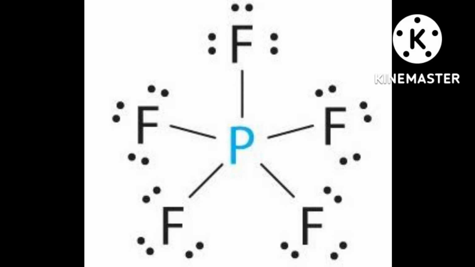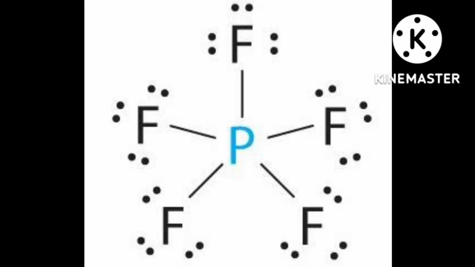Elements in and beyond the third period of the periodic table have, apart from 3s and 3p orbitals, 3d orbitals also available for bonding.